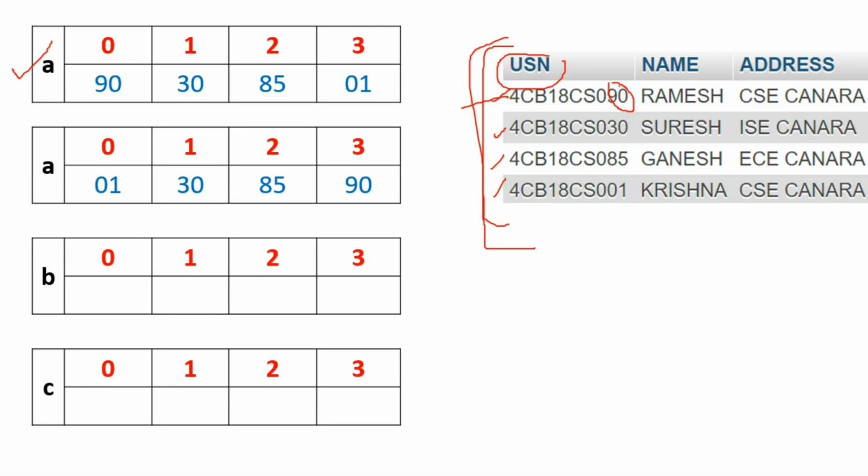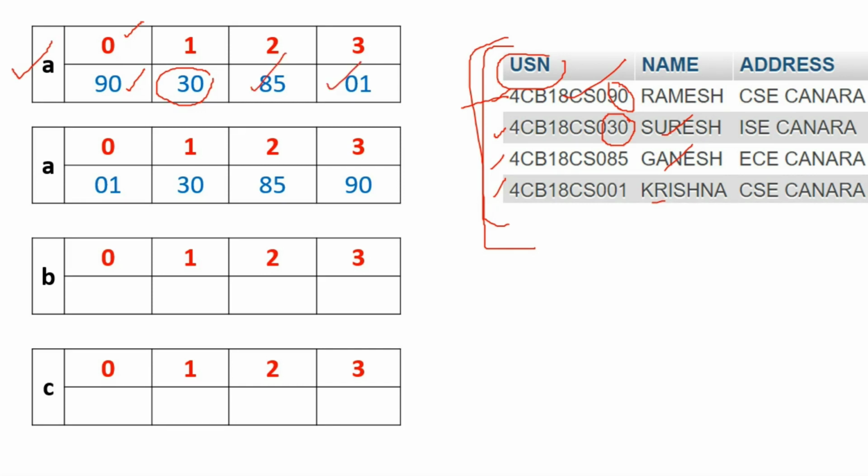The first USN I fetch, I will store in index 0, right? Then I will fetch another row of the result, and in that row again I fetch the USN and store it in the next index of the array. Similarly, I fetch every row from the result, fetch the USN in every row individually and store them one by one in the array A.